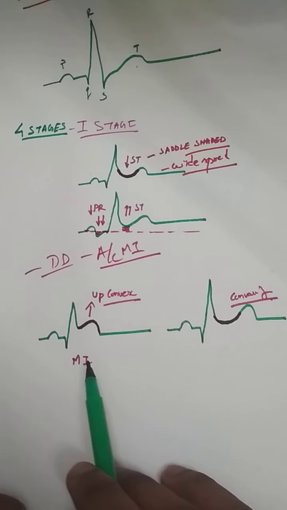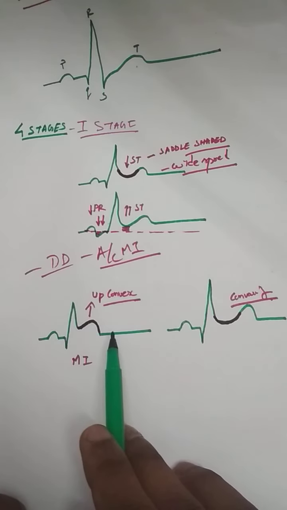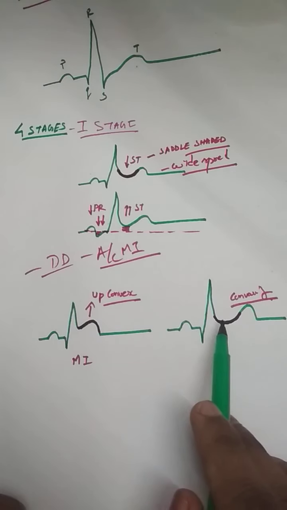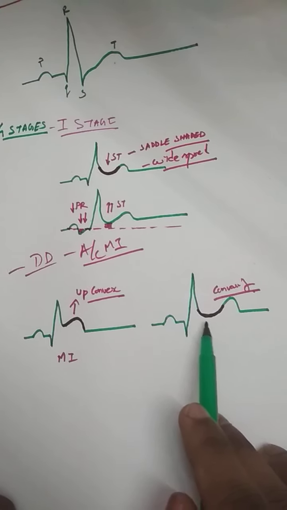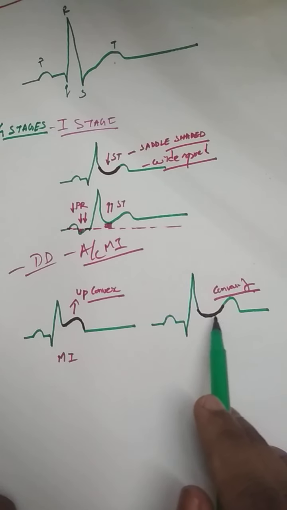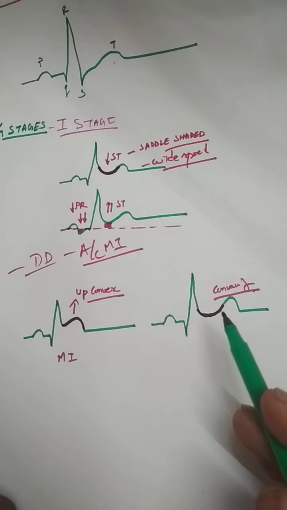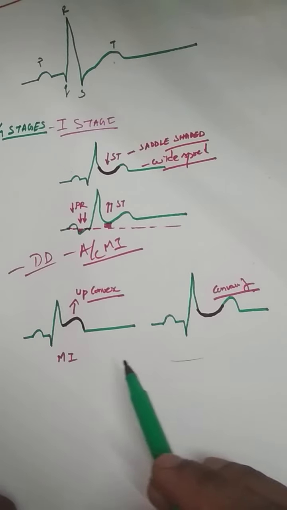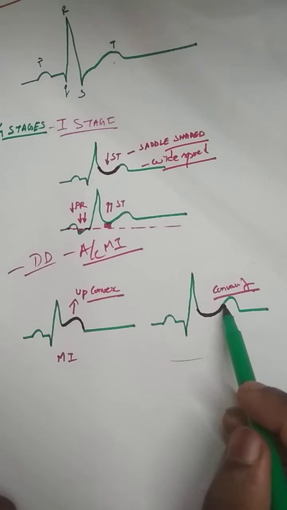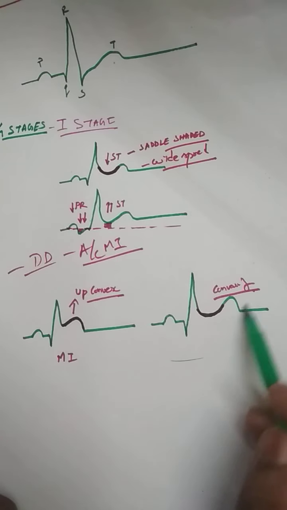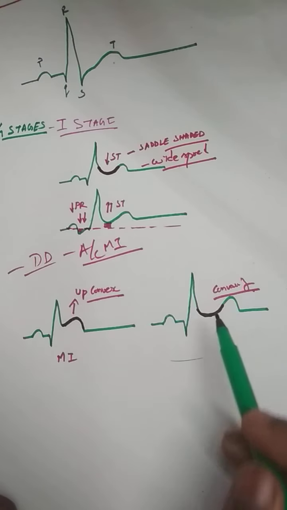So in acute MI there would be ST segment elevation with an upward convexity, whereas in pericarditis there would be an upward concavity. Plus, as we have already discussed, there would be widespread changes. Almost all the chest and limb leads would show widespread ST segment changes in pericarditis.